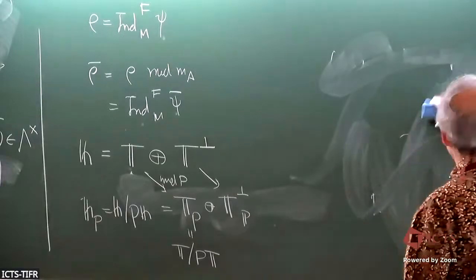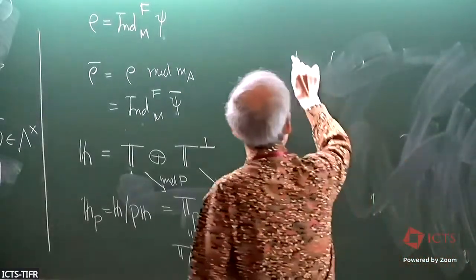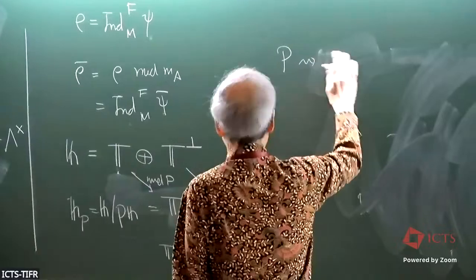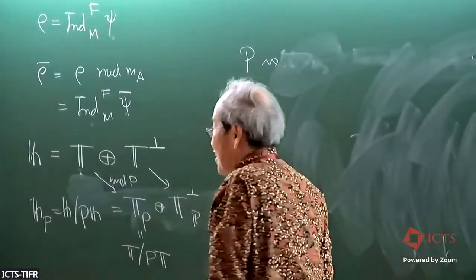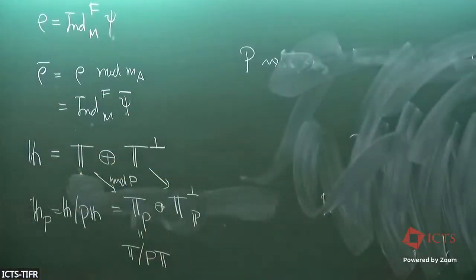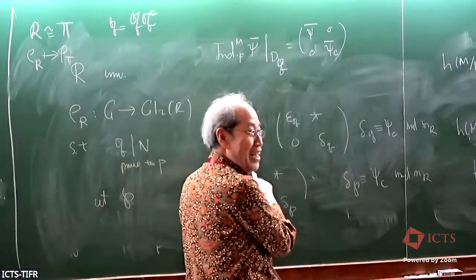the information of capital P gives rise to, because the Iwasawa algebra structure of lambda 0 is basically made out of these characters.